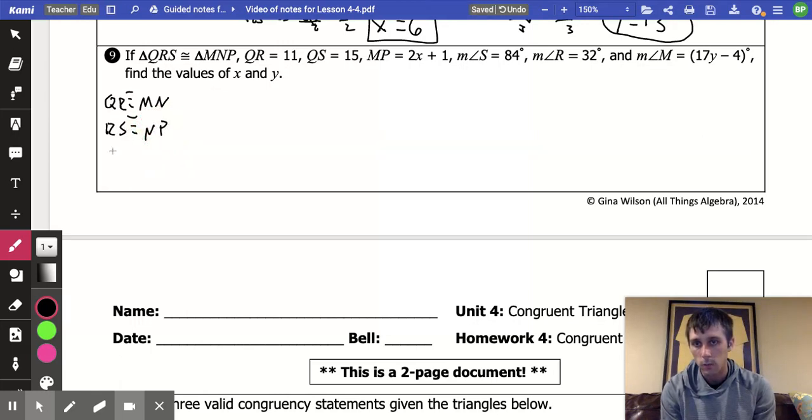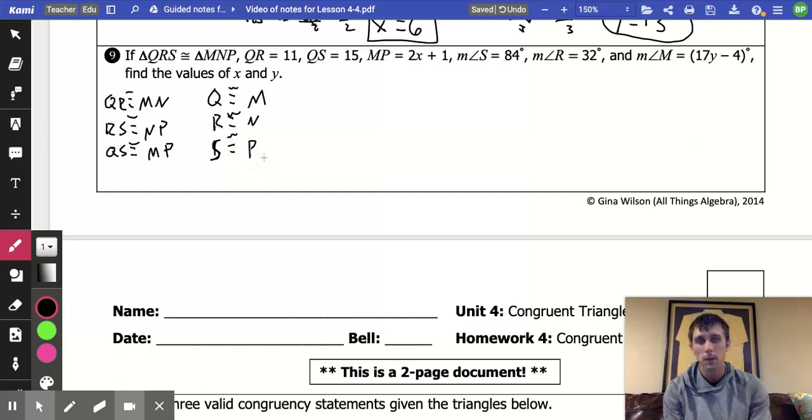And then the last one, QS is congruent to MP. Now let's do the angles also. Q is congruent to which one? Q is the first one. The other first one is M. R is the second one, which would be N. And then S would be congruent to P.